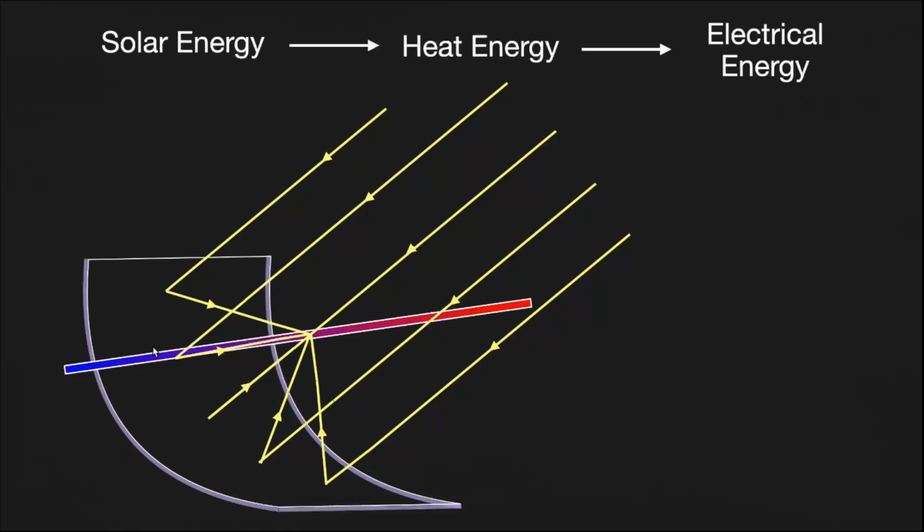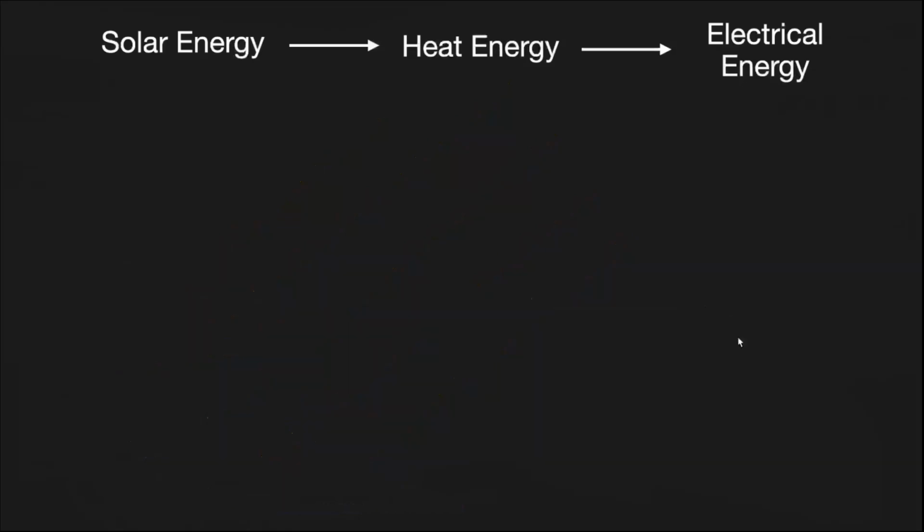I've just used blue to show cold and red to show hot. Once this water heats up a lot, it's going to turn into steam, and that steam is going to be used to run a turbine. So basically, we convert the sun's energy into heat energy. That heat energy gets converted into electrical energy. So that's the entire process there.